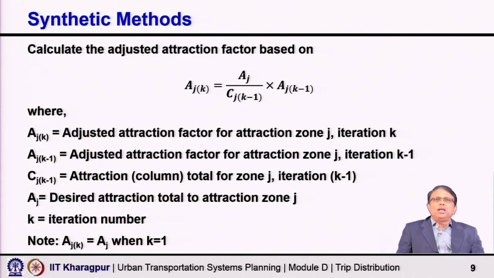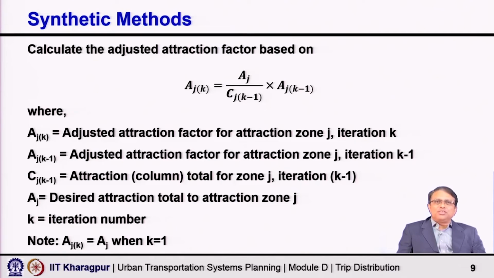We can do it by using this formula. First, I will show you the formula, then I will explain how logically it works. What is the logic behind it? Look at this. What I say, Aj(k), that means you have to go for an iterative procedure. So, in the kth iteration, what will be my Aj? That means the adjusted attraction factor for attraction zone j in iteration k.